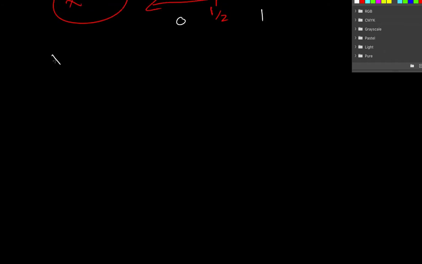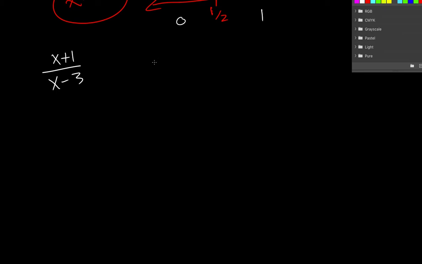So we have x plus 1 over x minus 3, and we need to take the second derivative. So we need to go through the quotient rule.